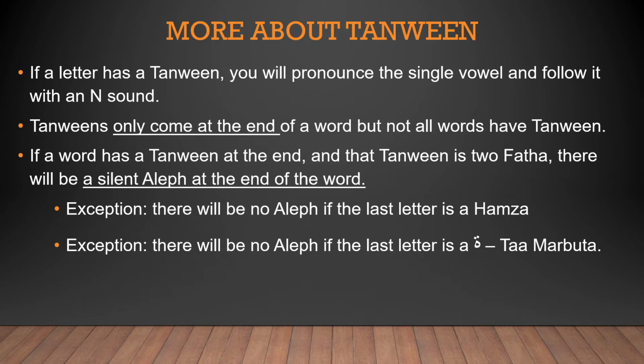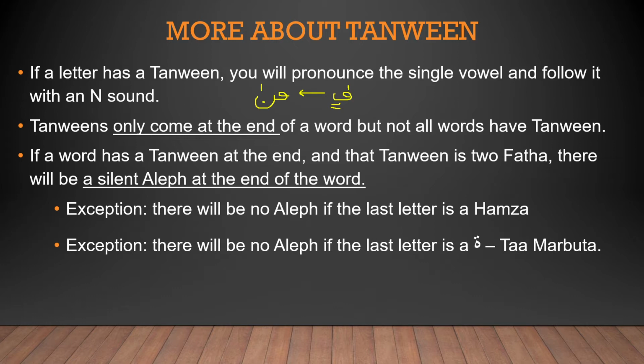Now, these tanween produce a sound. If a letter has tanween, you will pronounce the single vowel which is on the letter, and then you will follow it with a noon sound, or an N sound. This means that if there is a fa with a kasratain, that is exactly the same as fa kasra noon sukoon.